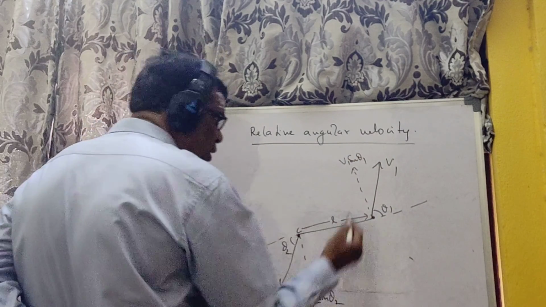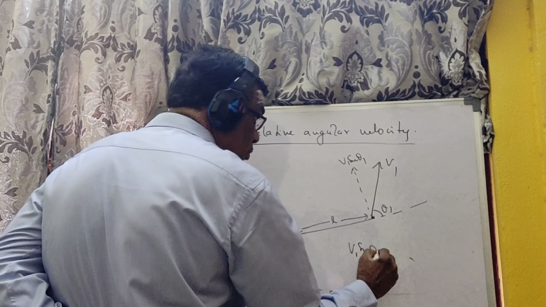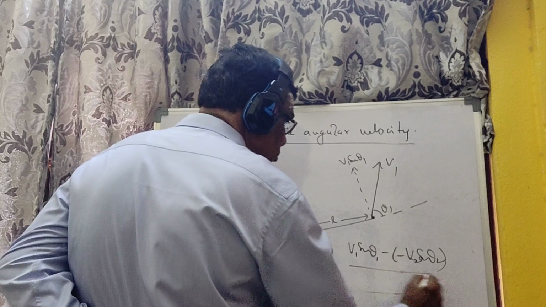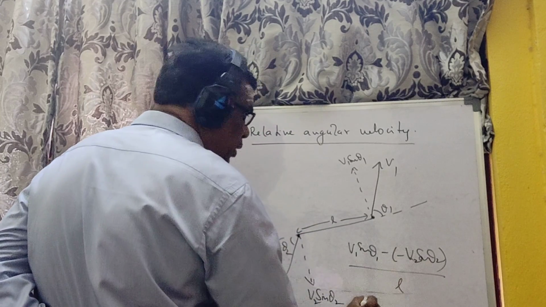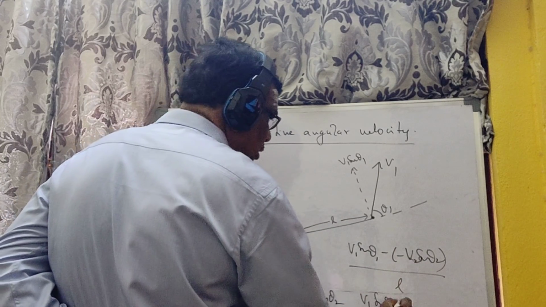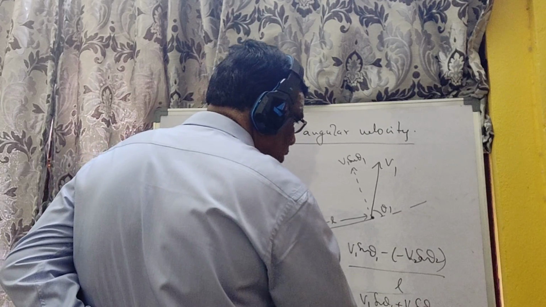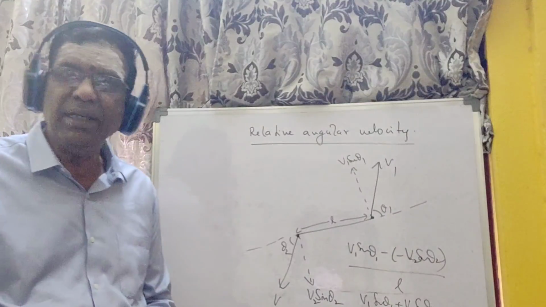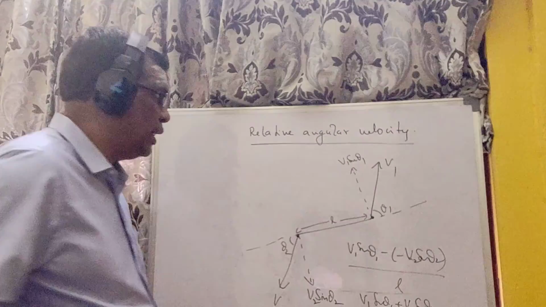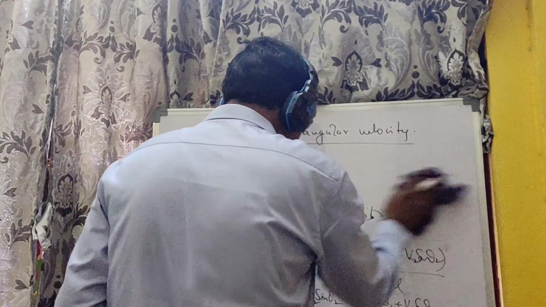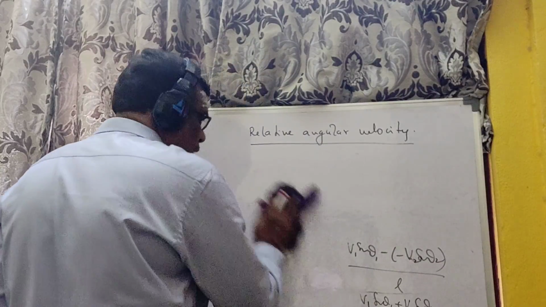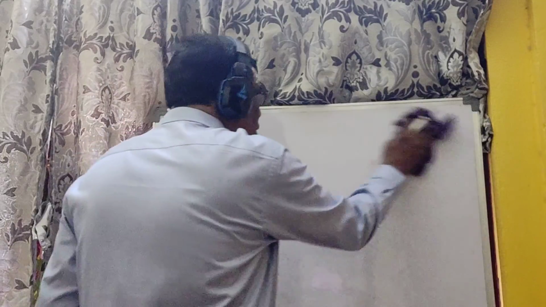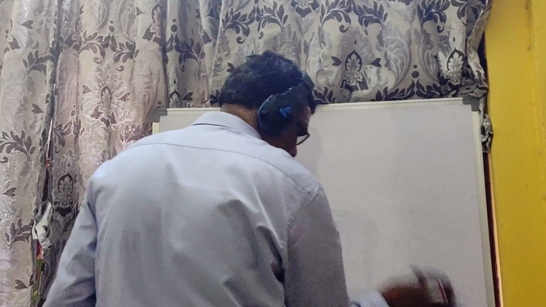So it becomes V1 sin theta 1 plus V2 sin theta 2 is equal to L times omega. That is how you should get your angular velocity when the information about linear velocities is given to you.